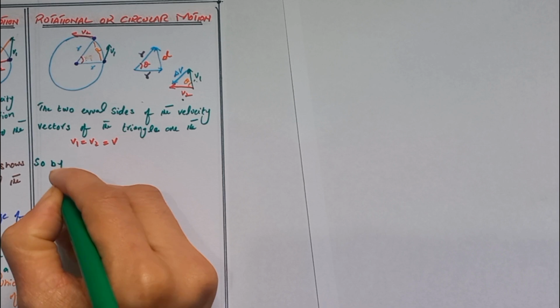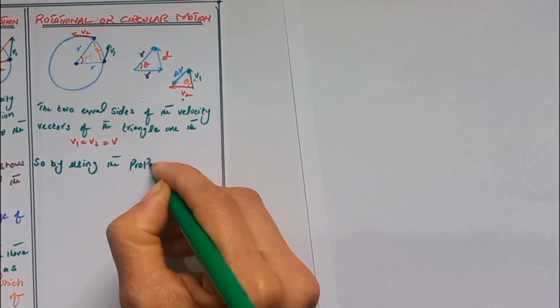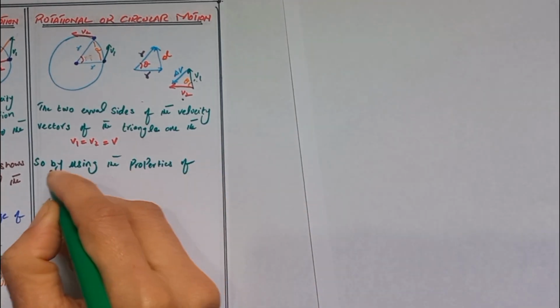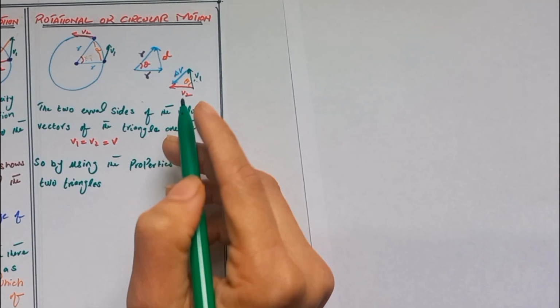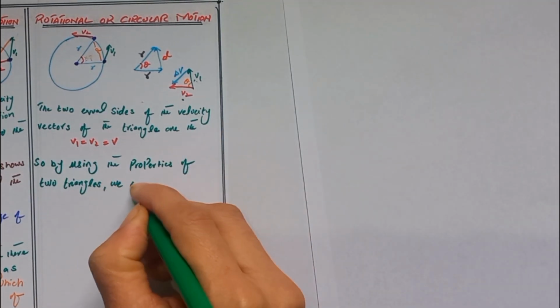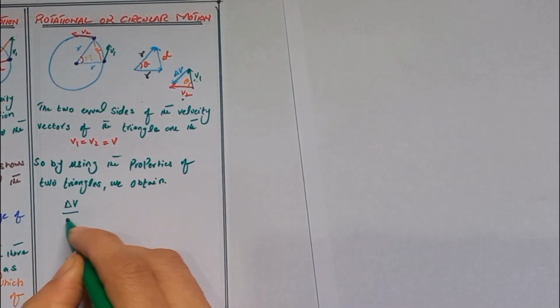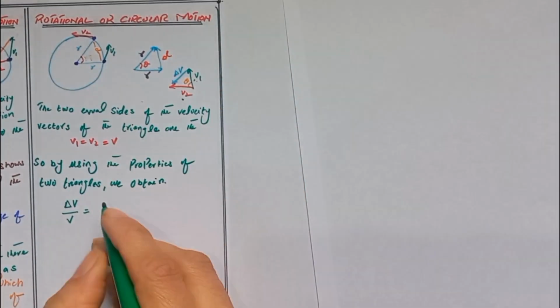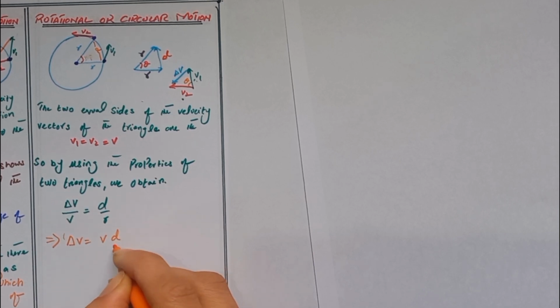By using the properties of similar triangles, we obtain delta v over v is equal to d over r. From this we can calculate delta v is equal to v d by r.